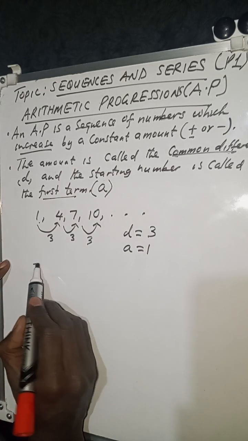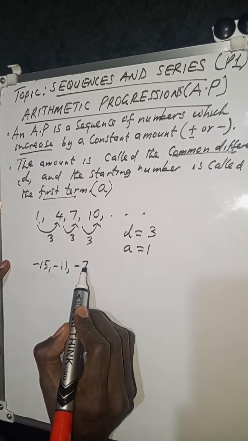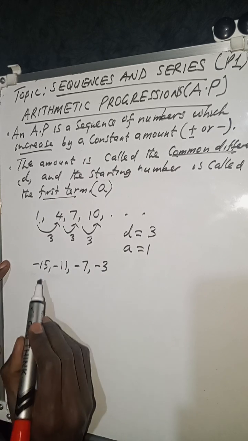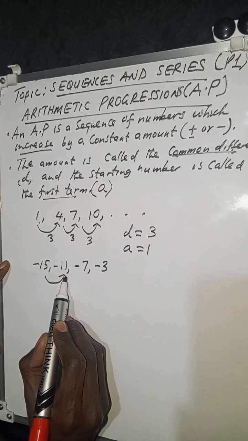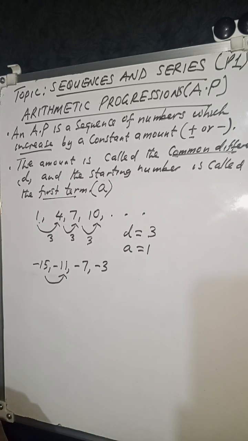Look at another sequence that I have: -15, -11, -7, and -3. You can see the amount by which this one is increasing.